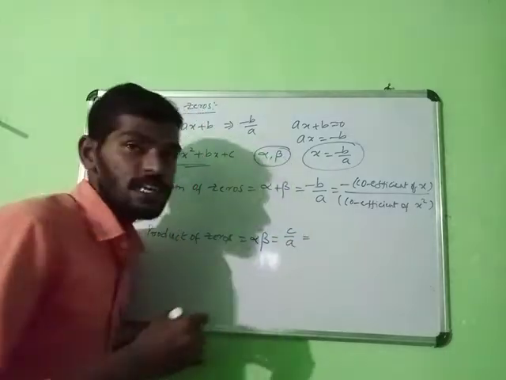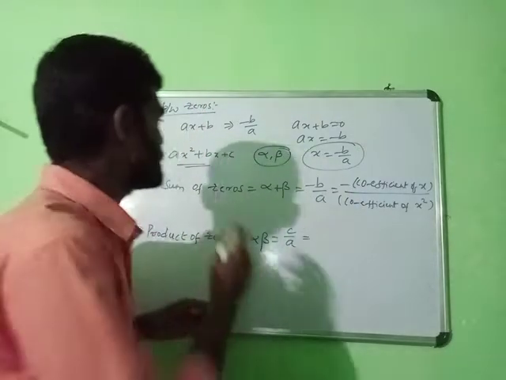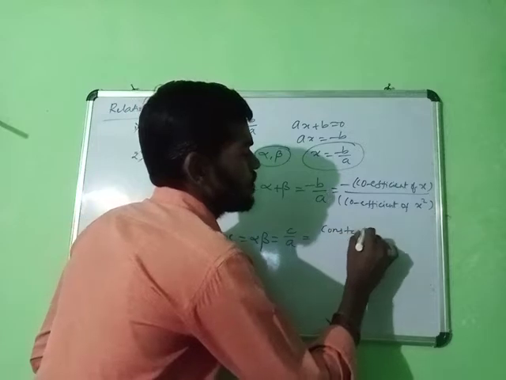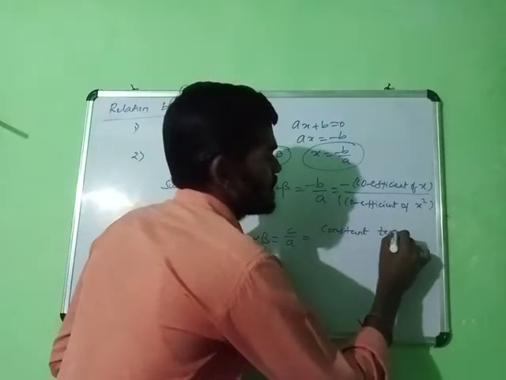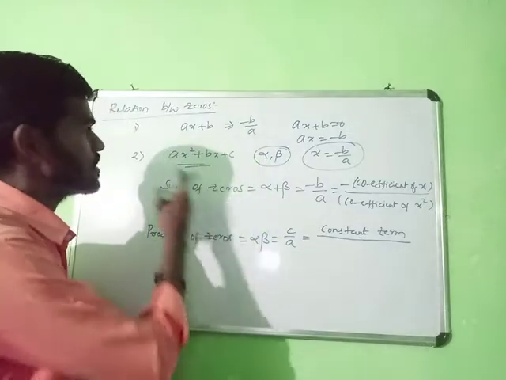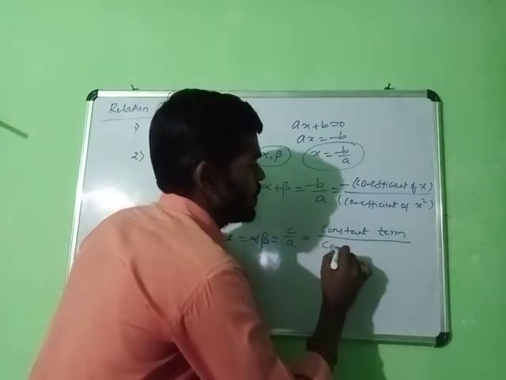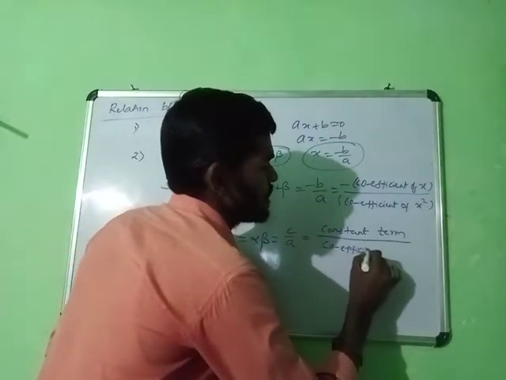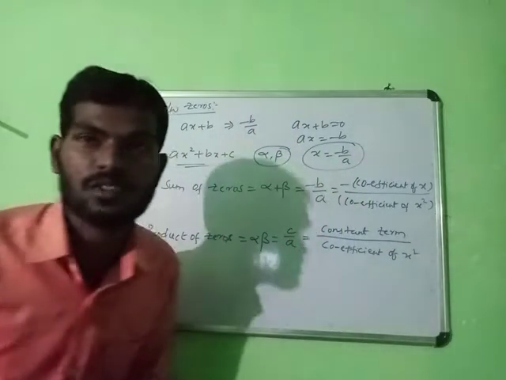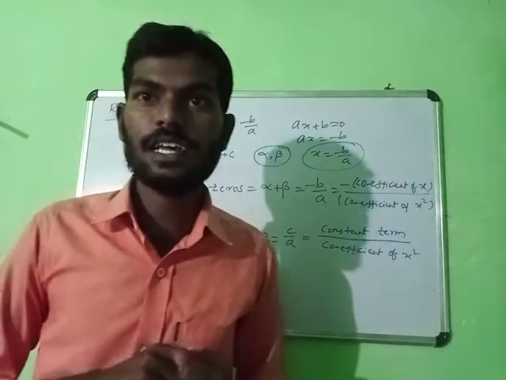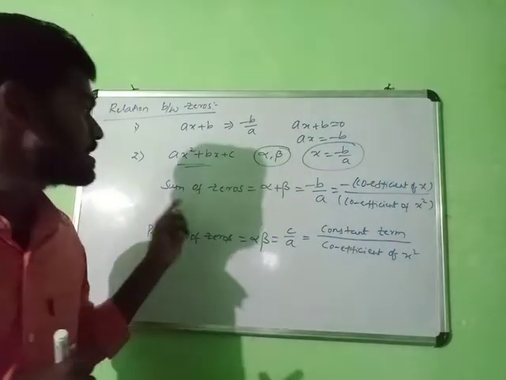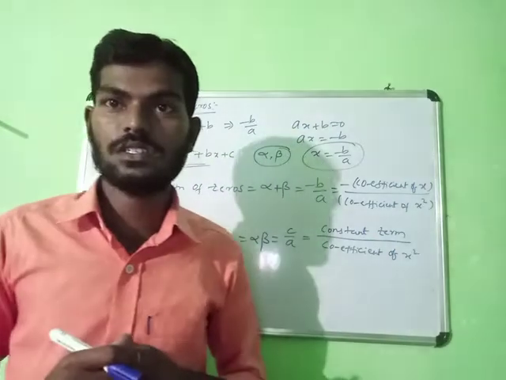Here c means the constant term, and a means the coefficient of x square. Okay, these are the formulas to find the sum of zeros and the product of zeros.